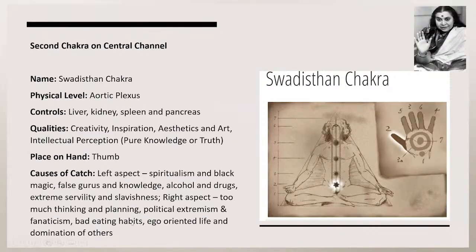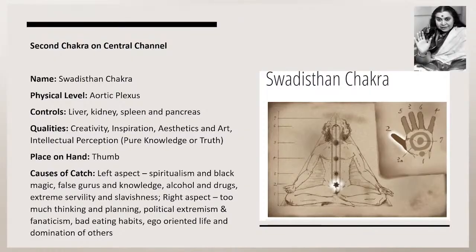Its place is the thumb on the hand. If there is a problem in the Swadhisthana Chakra, it normally happens because you are doing activities which are against your dharma, and you're following some false knowledge. The left aspects are spiritualism, black magic, false gurus, false knowledge, and also consuming alcohol, drugs, and extreme servility, slavishness.